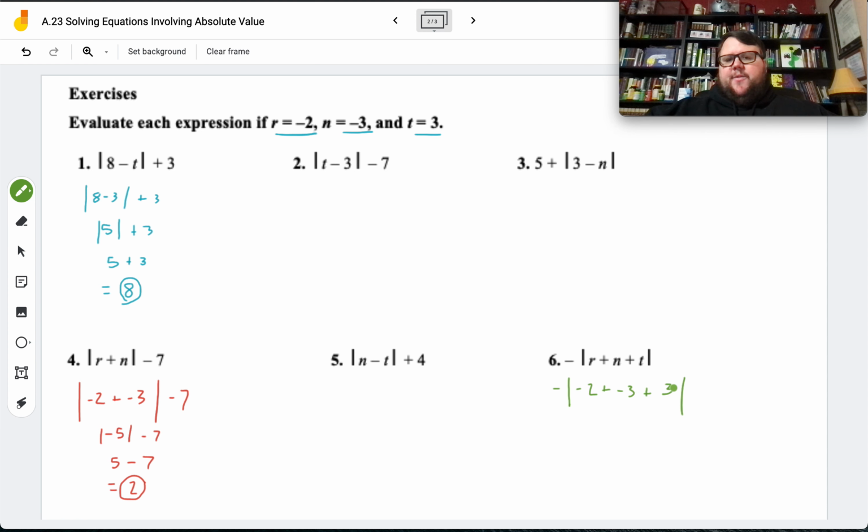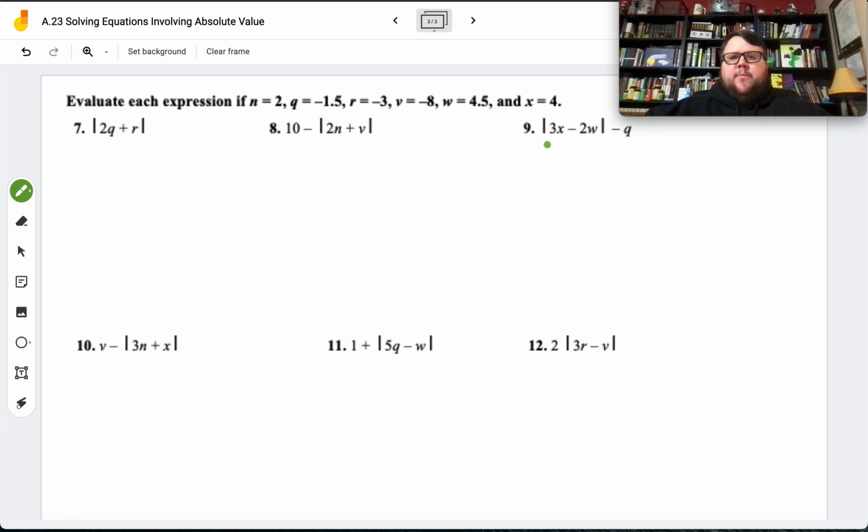Negative 3 plus 3 cancel out, so I'm left with negative absolute value of negative 2. That absolute value of negative 2 becomes positive 2, but the negative on the outside means whatever my answer is, I'm making it negative. The absolute value can only change what's inside the absolute value, not what's outside. So my answer is negative 2.